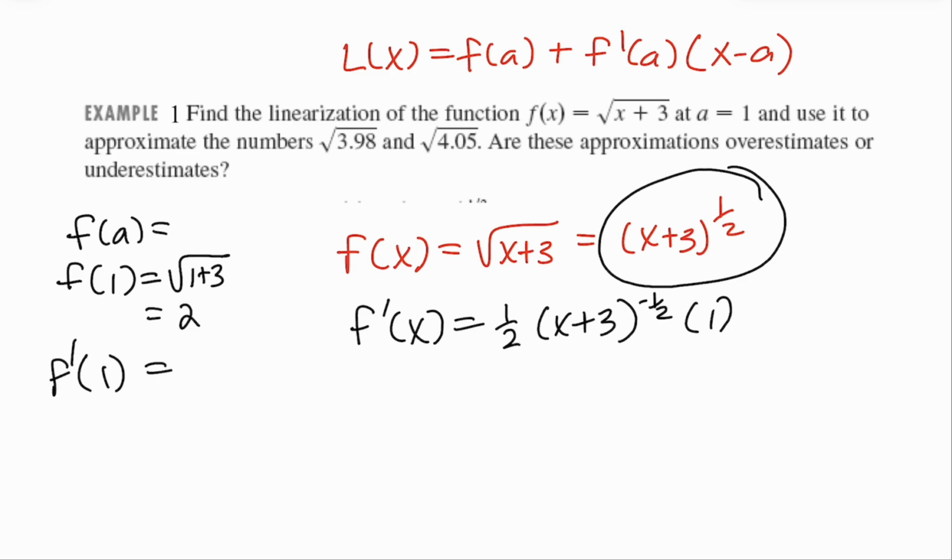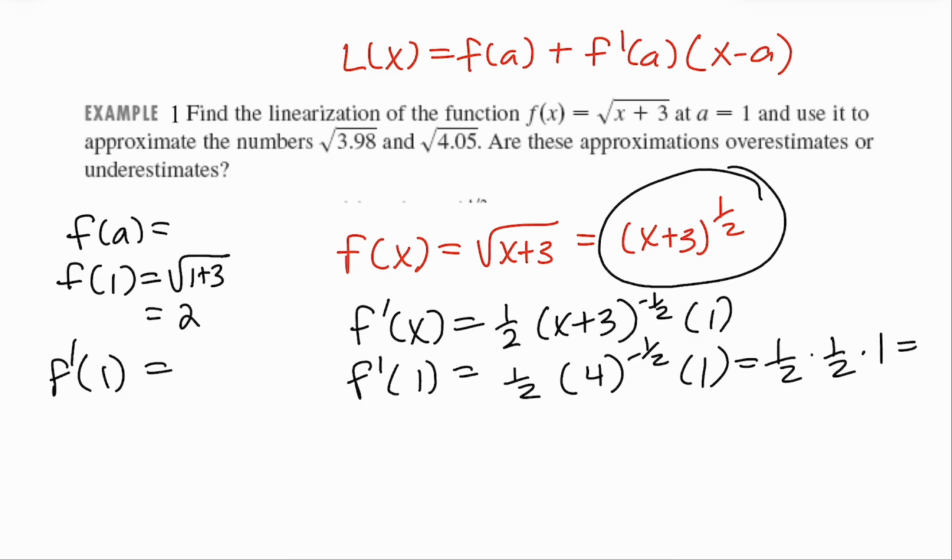And now don't even worry about simplifying, because if you've got to plug a number in, why not plug it in? So that's 1/2 times 4 to a power of negative 1/2 times 1, or 1/2 times 1 over the square root of 4, which is also 1/2 times 1/2, or 1/4.